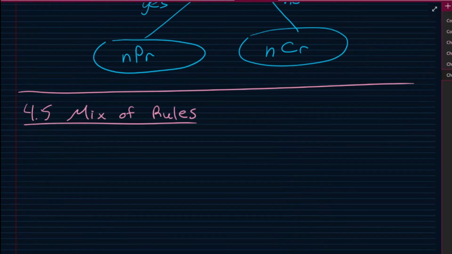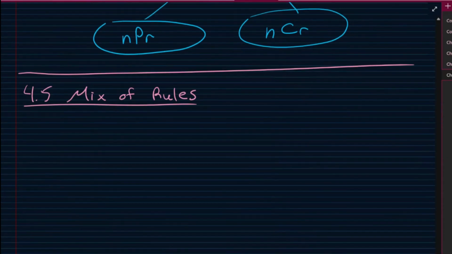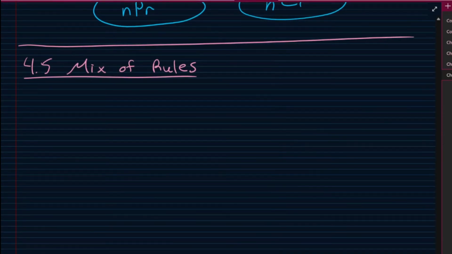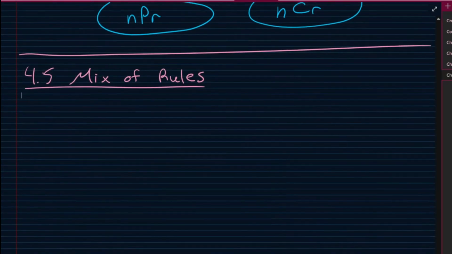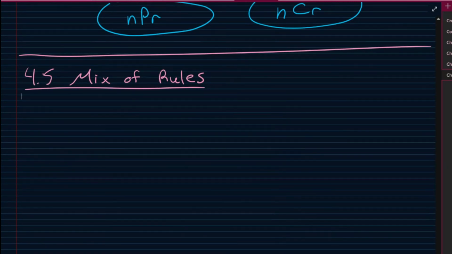This section just gives some really tough questions, where they're mixing all the rules. It could become pretty complicated. But they mostly just do examples. There's no new stuff. It's just a combination of all the stuff we've learned, so they mostly just ramp up the difficulty of the questions. So let's go ahead and do a bunch of examples together.